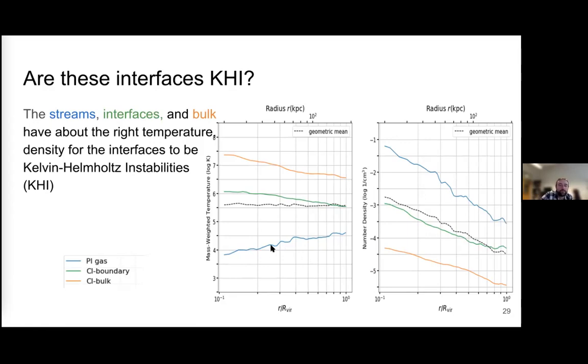We find that that's not quite true. The cold streams get a little colder as you go in, the hot bulk gets a little hotter as you go in, and the interface doesn't quite follow the geometric mean of the 2, but actually stays a little bit more on the hotter side. But these are moving pretty slowly. These are fairly flat compared to these densities, and so we're going to say that it works out okay.